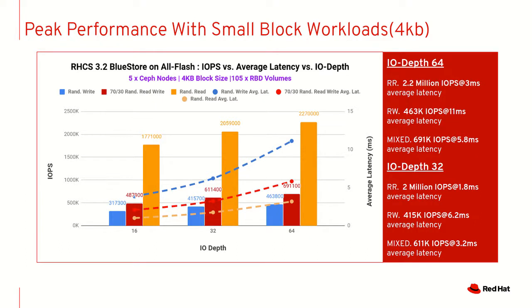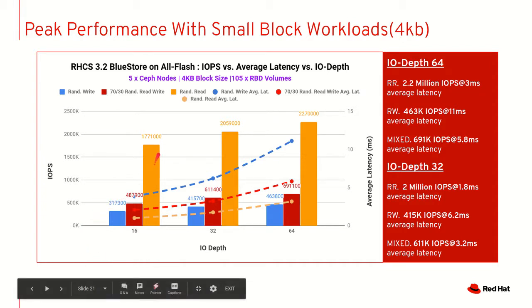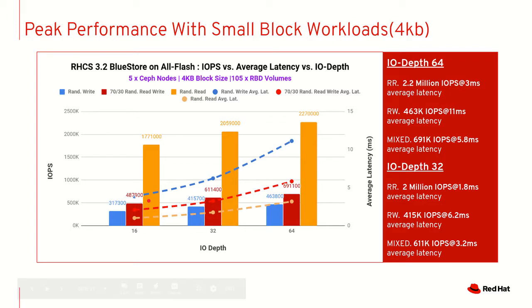On this slide, we have the peak performance we were able to achieve with 4K block size. In the graph, we have IOPS represented in columns, the higher the better, and the horizontal dotted lines are representing the average latency, the lower the better.